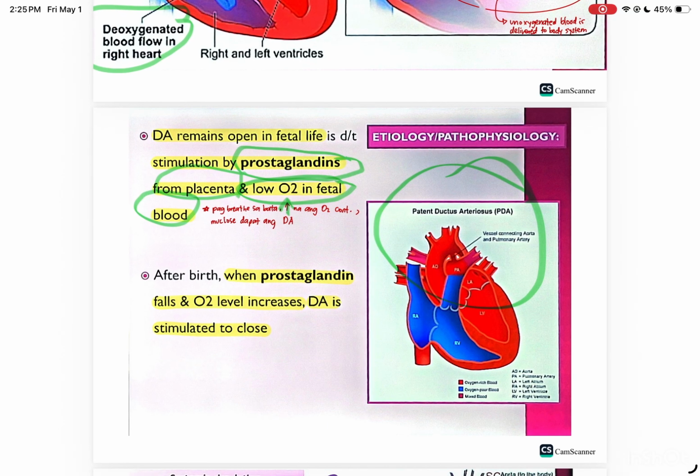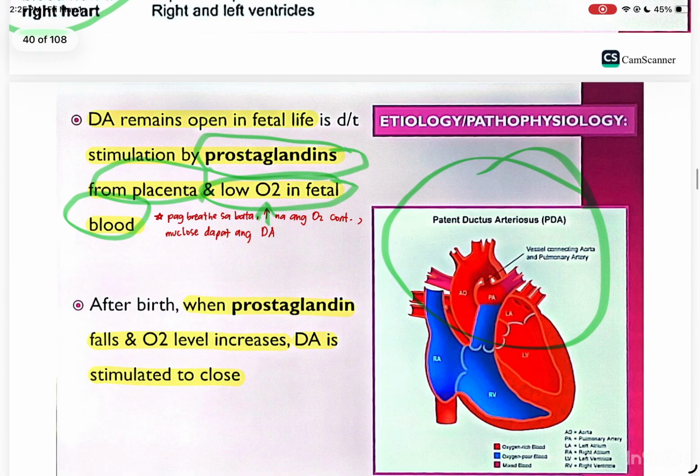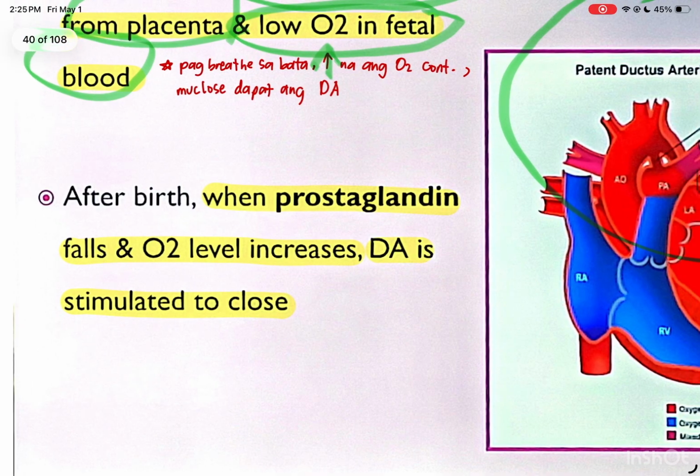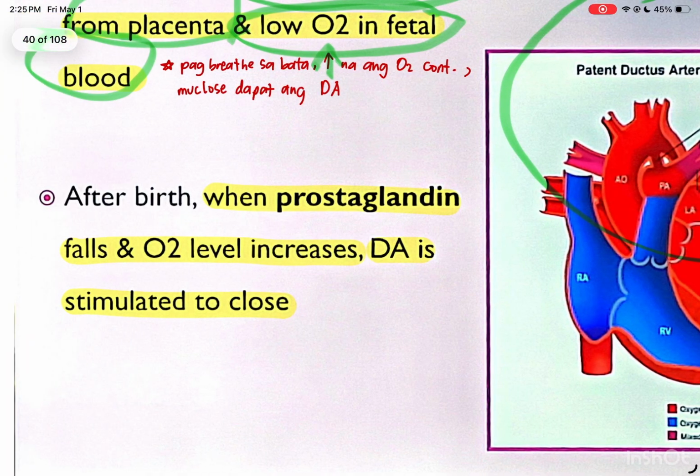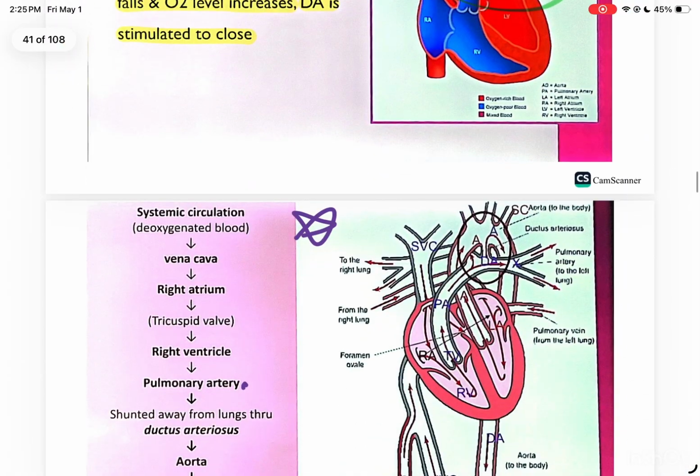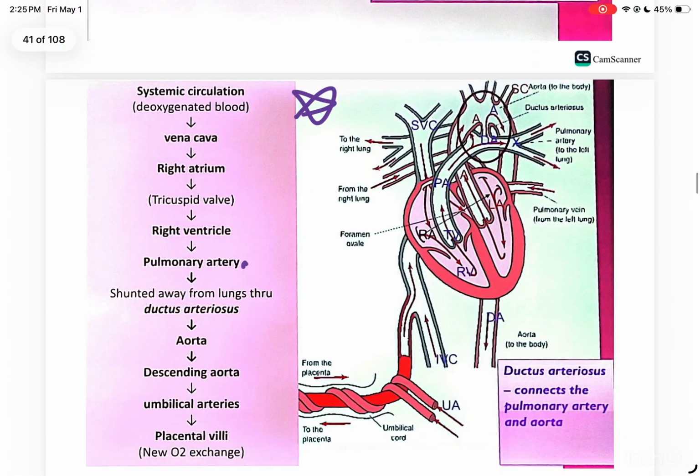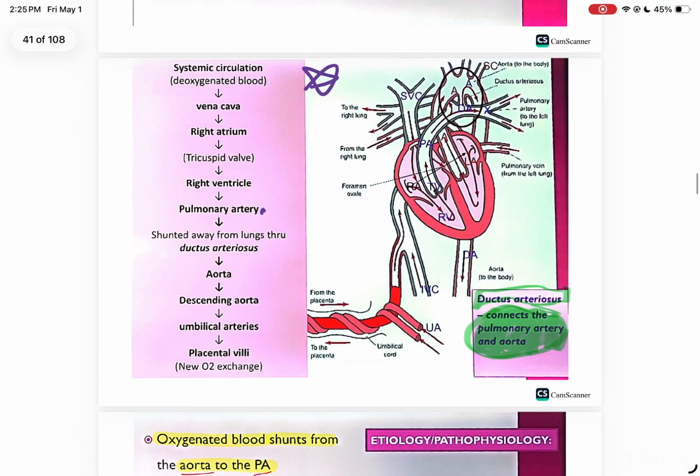When the baby breathes, oxygen increases, and the ductus should close. It stays open in fetal life because of prostaglandin, so the baby can survive. After birth, when prostaglandin falls and the oxygen level increases, the ductus arteriosus is stimulated to close.